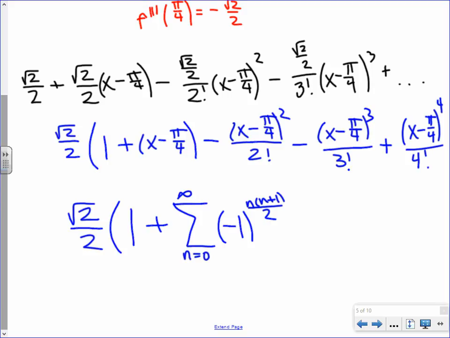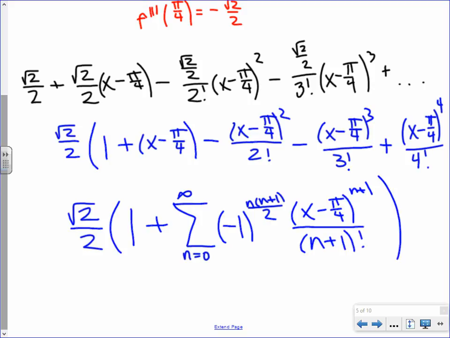And it's going to keep going. But since we had to start at 0, and we're starting with our second term instead of our first, we're going to have to do a little bit of an adjustment and say x minus pi over 4 to be n plus 1 over n plus 1 factorial, since we kind of had to do some rewriting.